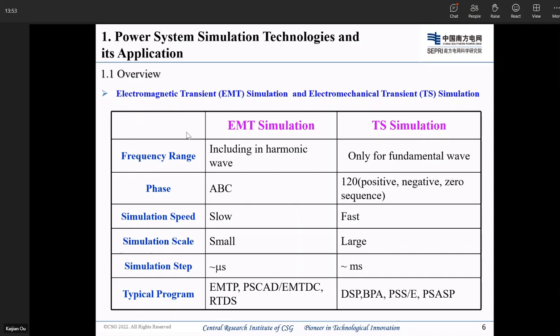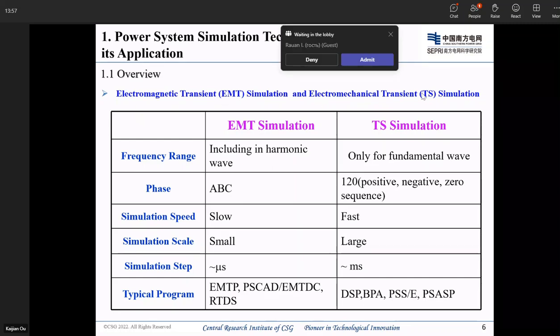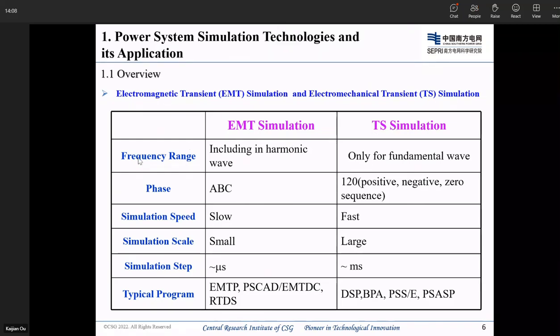Just now I introduced EMT simulation and TS simulation. These two kinds of simulation have big differences. What differences can we see? For EMT simulation, the frequency range includes harmonics.